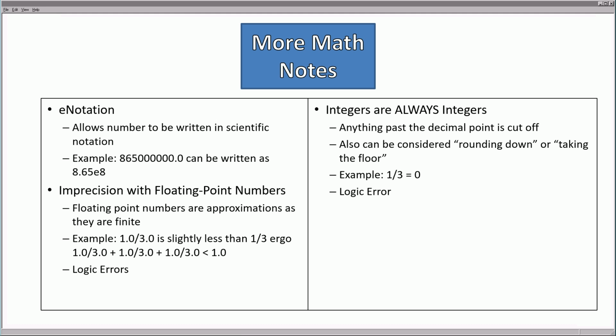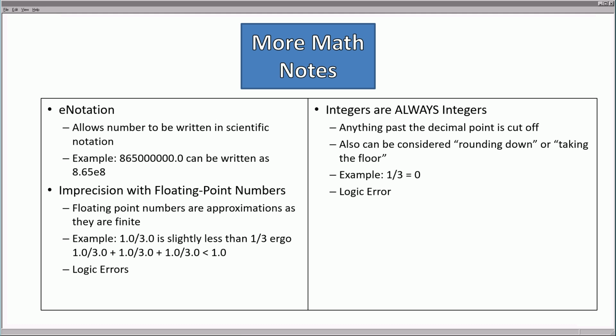Couple other notes to keep in mind. Whenever we're talking about floating point numbers, like a double, they are approximations as they are finite. Our memory only has a limited amount of space. So if we were to do 1.0 divided by 3.0, as we know, 1/3 is 0.3 repeating, and that 0.3 repeats until infinity, but we don't have an infinite amount of memory.